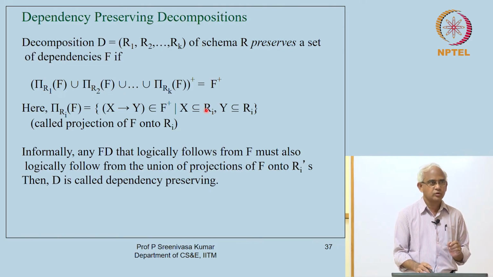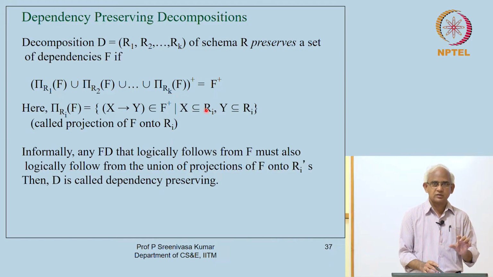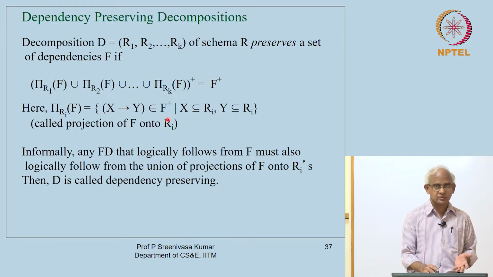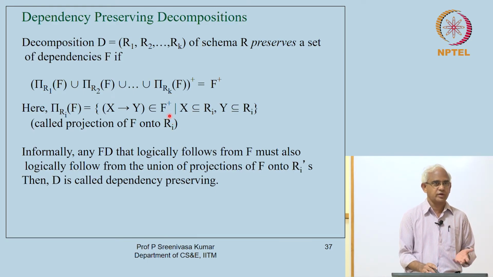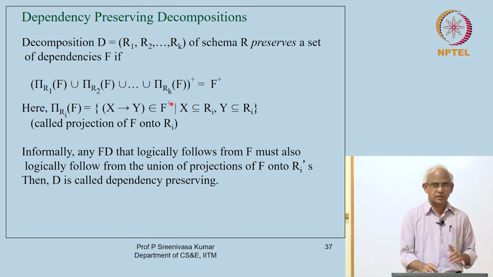That is what we call the functional dependencies applicable to a particular scheme Ri. Ri is a subset of R. So, we can call it a projection of F onto Ri, because normally we talk about projections only for data, but now we are projecting the functional dependencies onto a subschema called Ri.